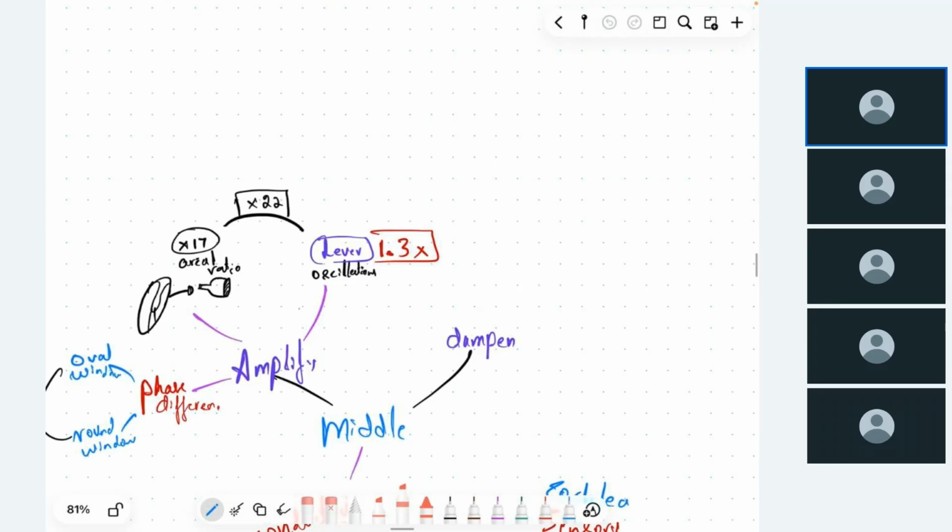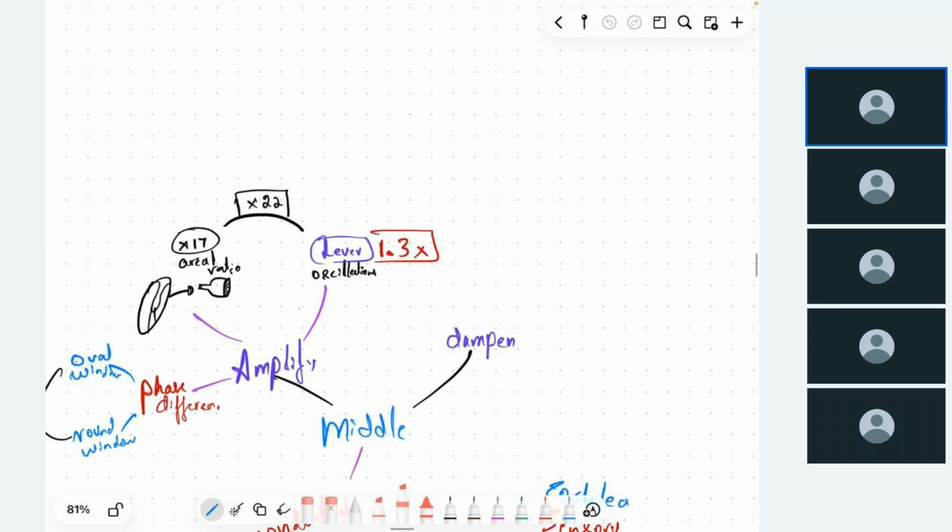Since the handle of malleus is longer than the long process of incus, it gives a mechanical advantage. That is, when the handle of malleus vibrates, there is a mechanical advantage of 1.3 times while transmitting the sound from the handle of malleus to the long process of incus. This is the lever action.